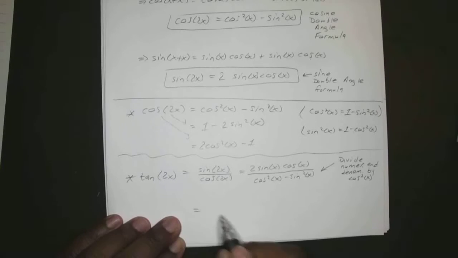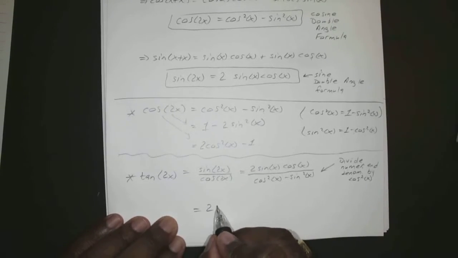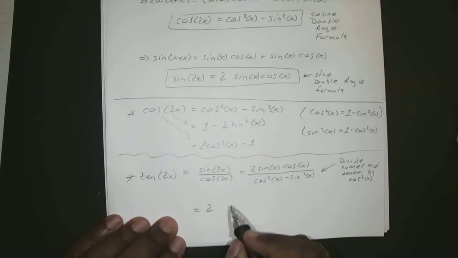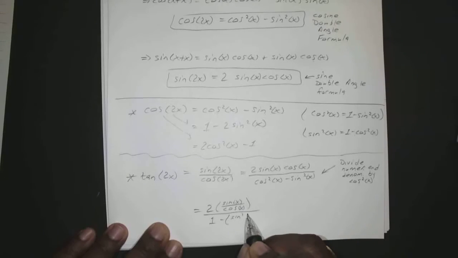So if we did that, we have 2 sine x cosine x divided by cosine squared, which means one of the cosines would cancel out. So we'd end up with 2 times sine x over cosine x, divided by cosine squared over cosine squared, which is just 1, minus sine squared over cosine squared of x.